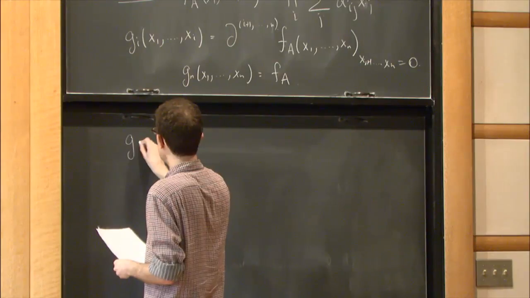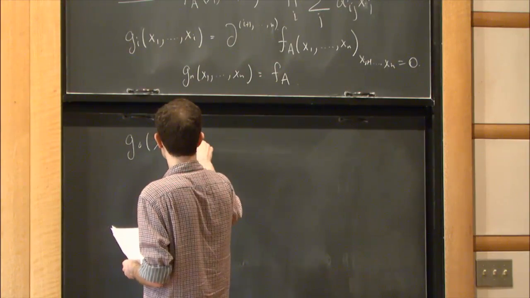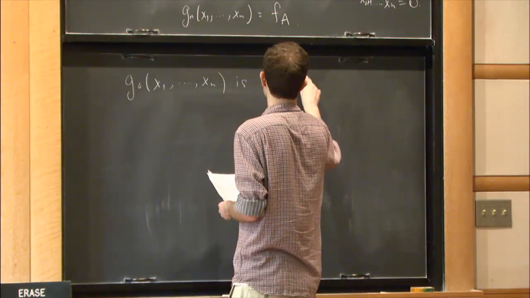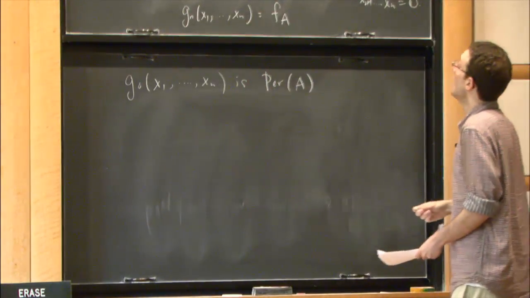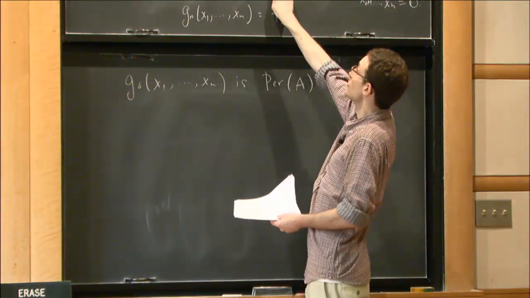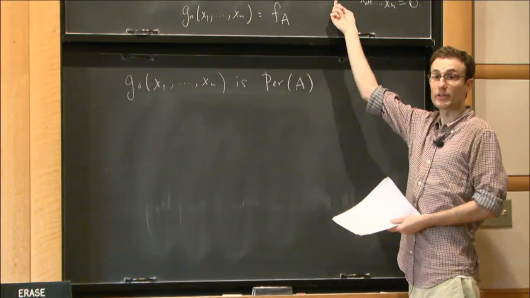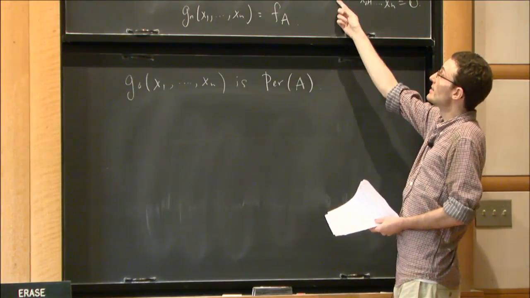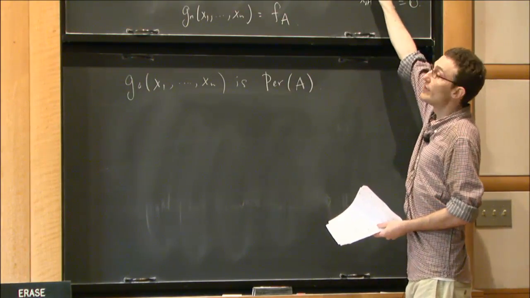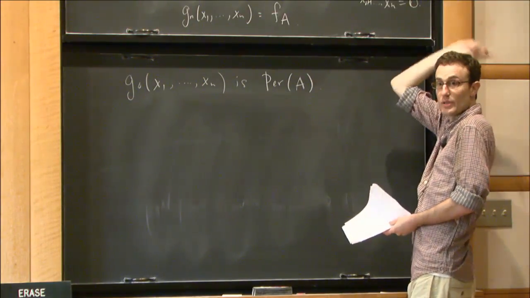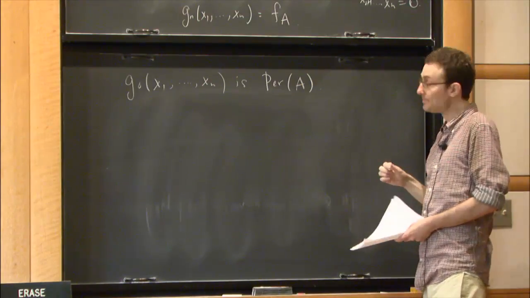And the claim is that g_0 is the permanent of A. That comes from the fact that taking all the partial derivatives essentially gives you the multilinear term, the term that has all of the variables in it. And since you can only get one variable from each row and one variable from each column, the way that those things sum up turns out to be the permanent.